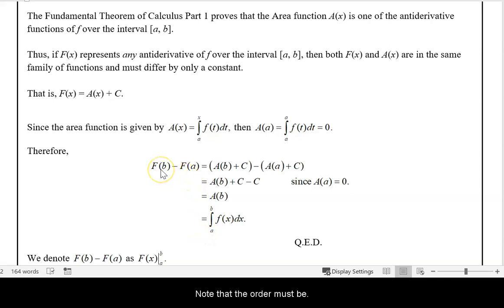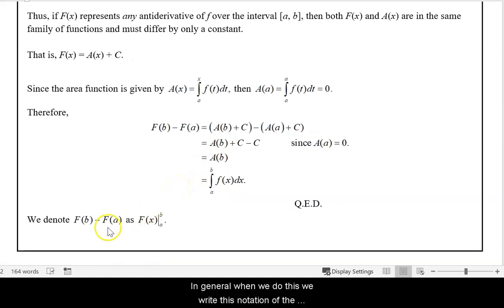Note that the order must be upper limit minus lower limit. In general, when we do this, we write this notation of the difference between the two limits of integration substituted into the antiderivative function with a long vertical bar after the antiderivative, with the a and b, the limits of integration, written on it as they are written on the integral symbol itself.